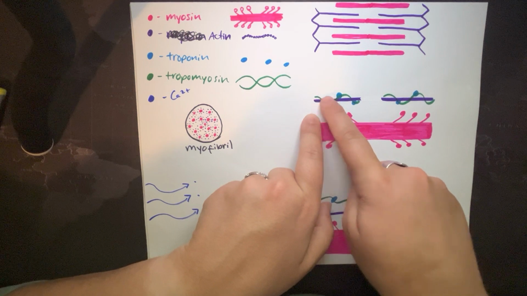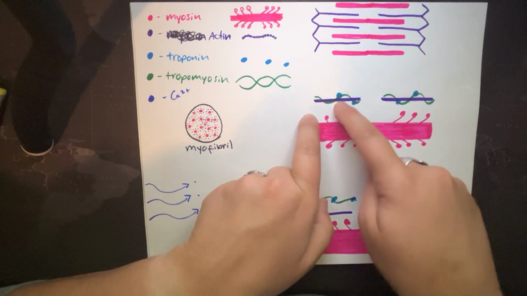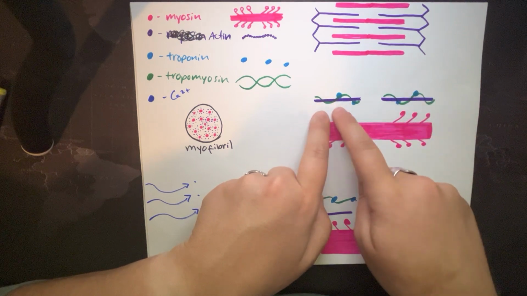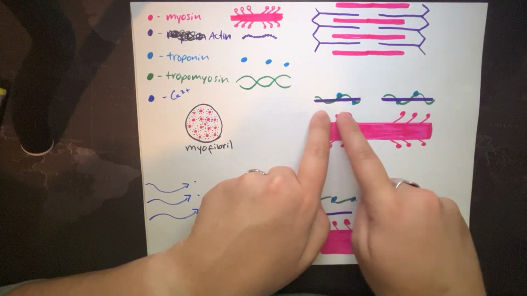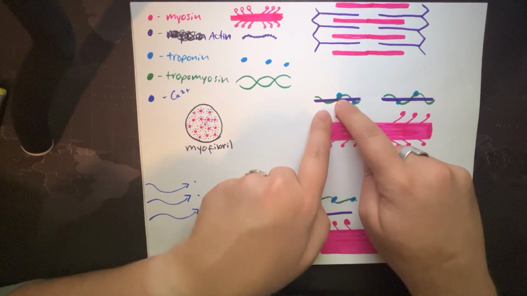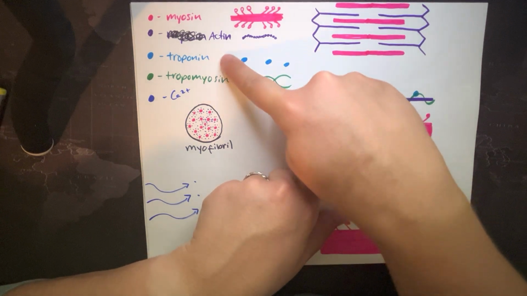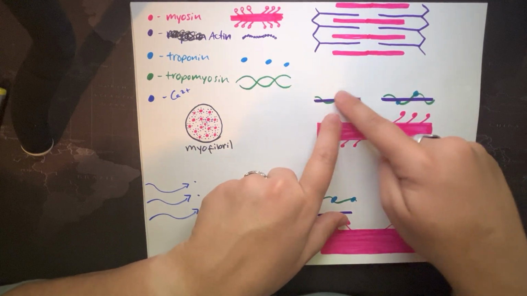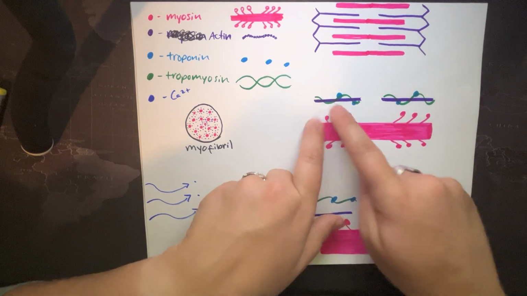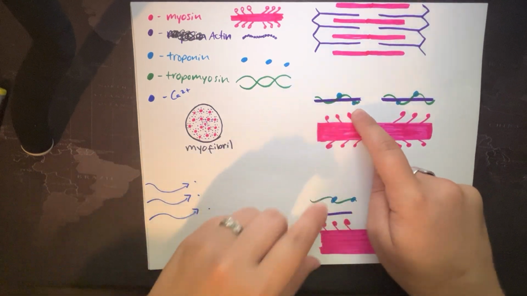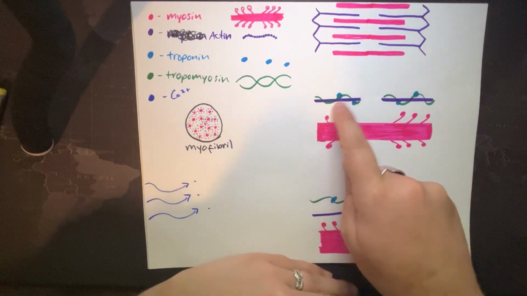Our tropomyosin is going to be a roping protein that circles around our actin. And our troponin is going to be a small circular protein that is attached to tropomyosin, which is why they have very similar names. So tropomyosin is the roping green protein around actin, while troponin is going to sit on tropomyosin. So here's the fun part.